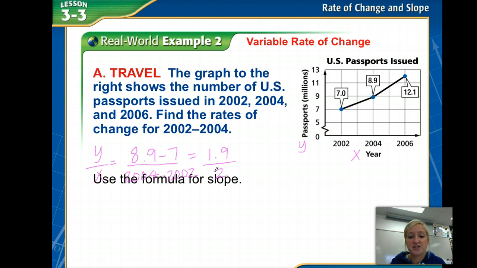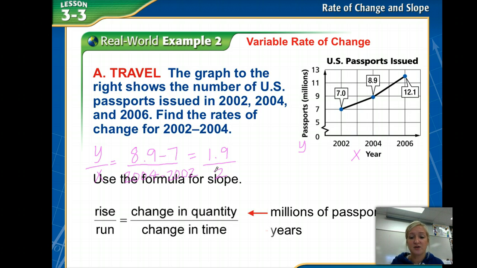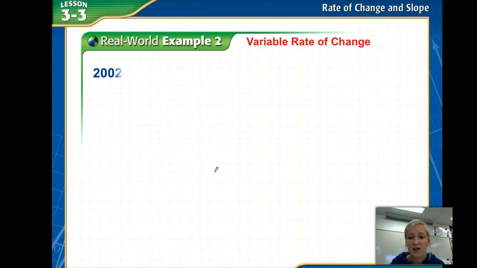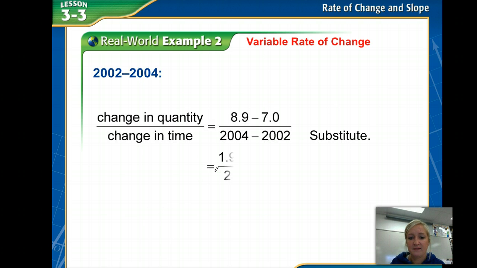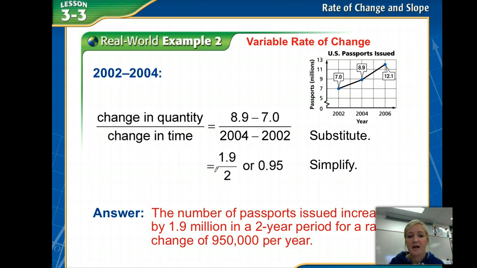So in this situation, we're going to use the formula for slope, rise over run. So passports over years. I copied the graph again to show you that 8.9 minus 7, we did that. We got 1.9 over 2, and it simplifies to 0.95. Now, what does that mean?